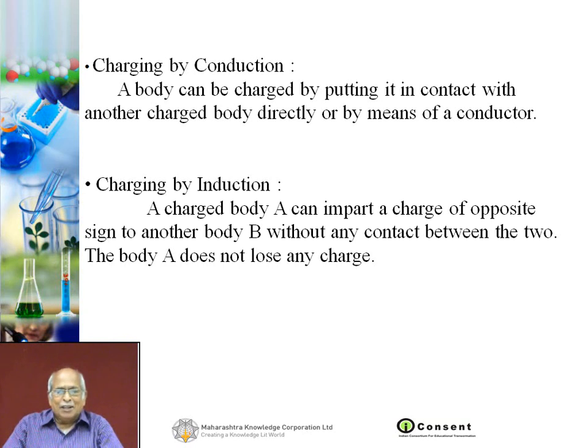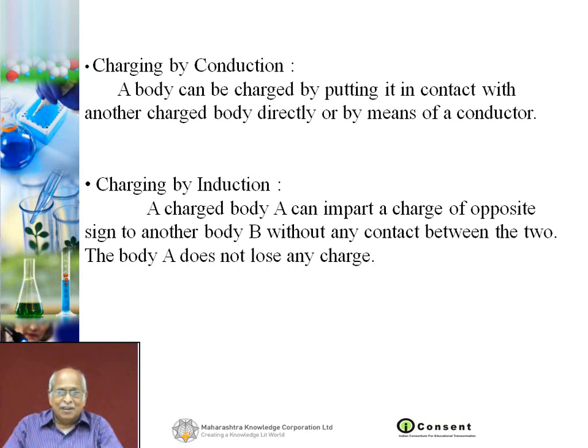Now this contact may be a direct contact. As I said, a charged glass rod is touched to a metal body, or the contact can be by means of a metal wire. Suppose one metal sphere resting on an insulating stand is charged with the help of a glass rod.